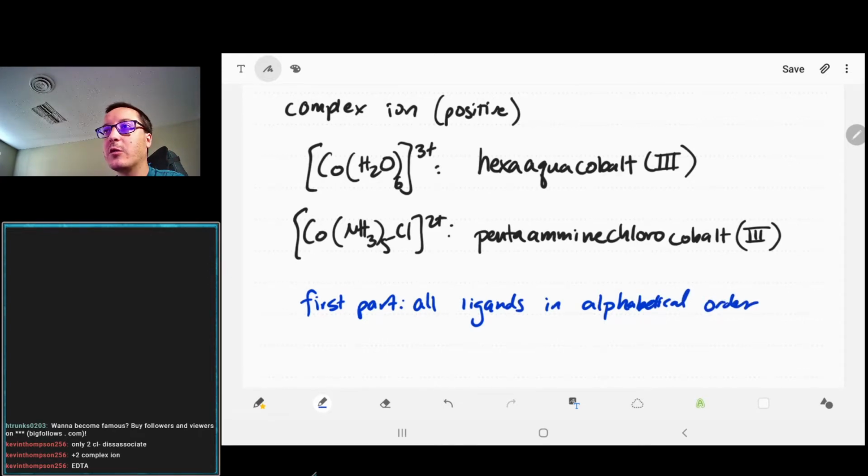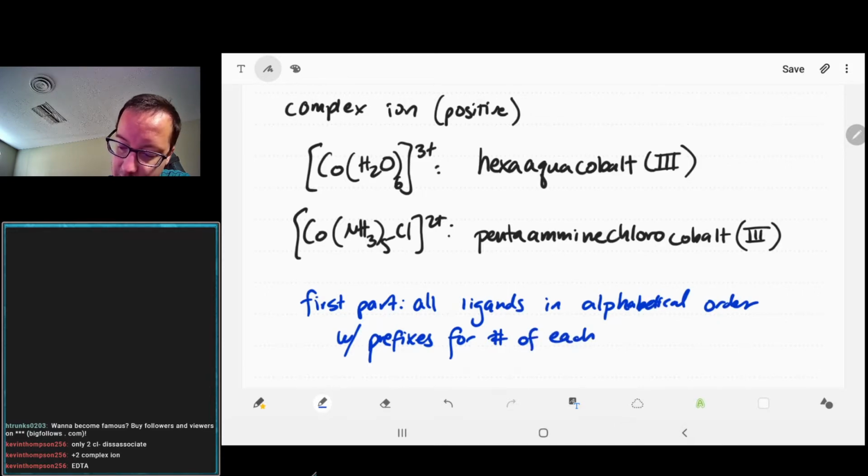So whatever your complex happens to be, you're going to name all of your ligands in alphabetical order with prefixes for how many of each ligand you have.